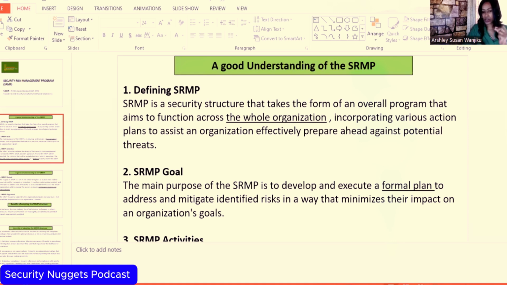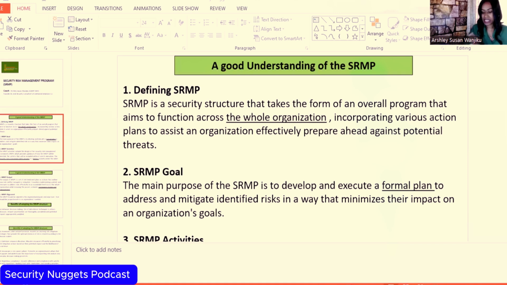The thing with the security risk management program is that it is holistic. It breaks down silos. Instead of the security department working alone, it works together and in collaboration with other business functions within an organization.